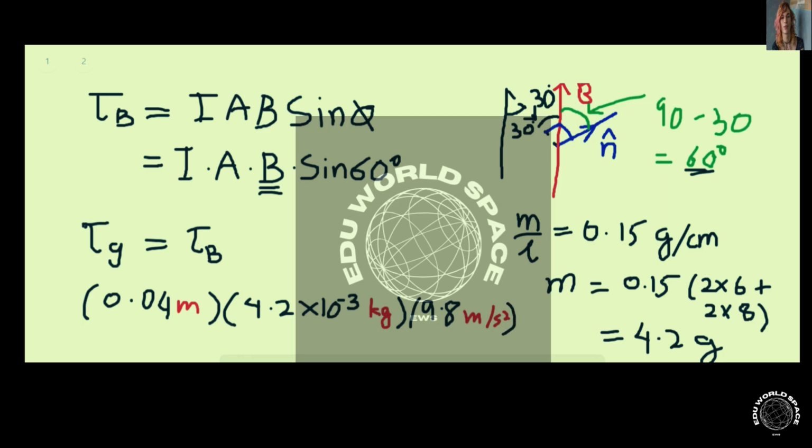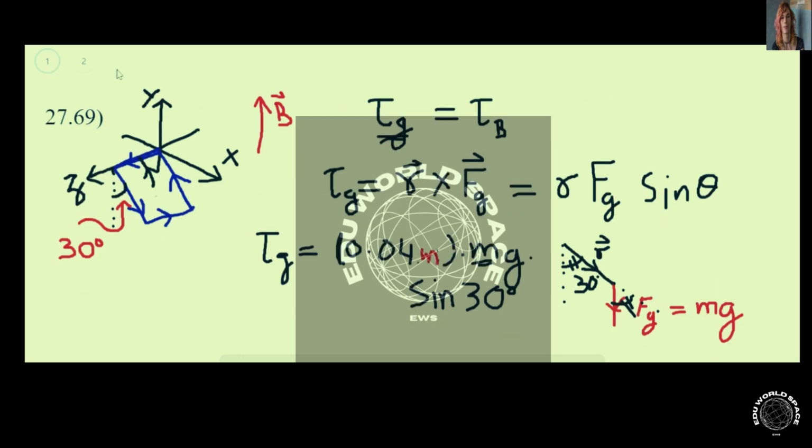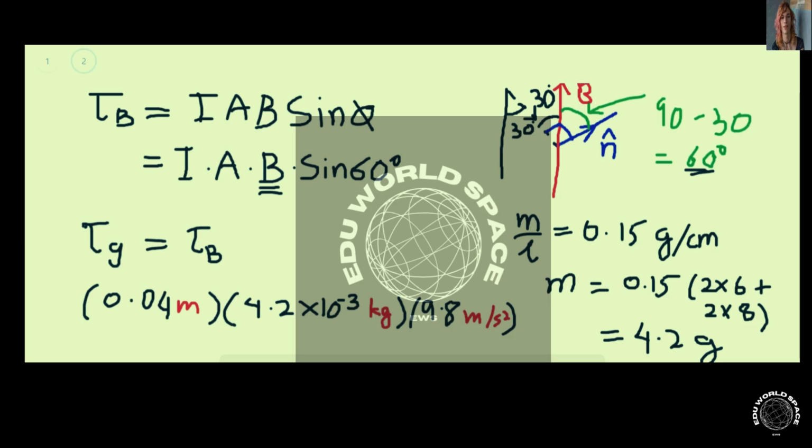And this is again multiplied by sine of 30 from what we found earlier. Sine of 30. That's tau of G, and I want to equate this to this guy, I A B sine theta.